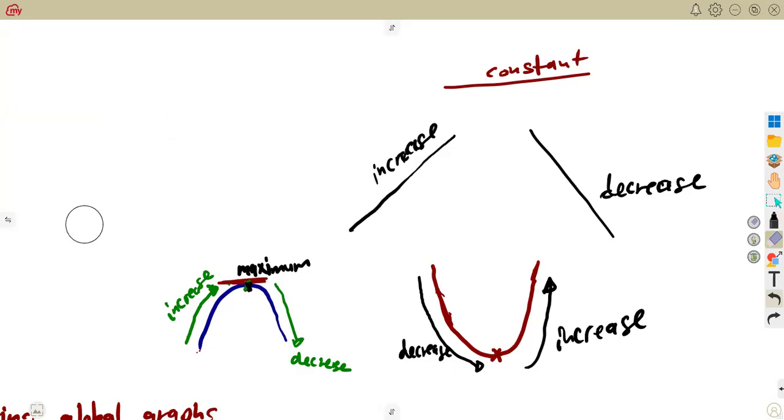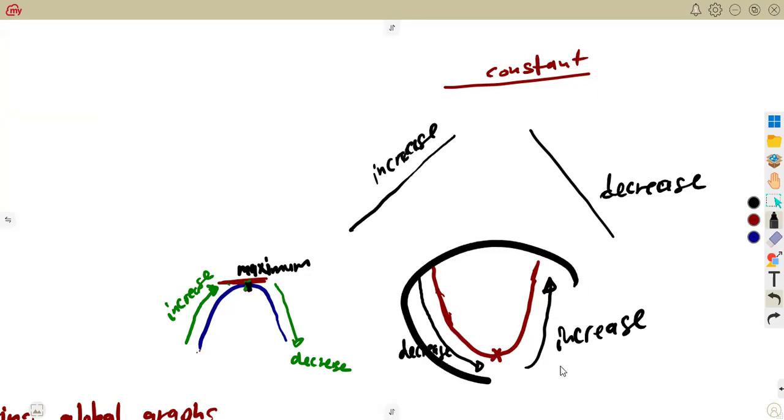Then it starts to go down. So it was increasing, it reaches the maximum, then what happens? It starts to go down. The opposite, when it is like this, what is happening? It's a decrease until this value, which is called the minimum. That is how deep we can go.